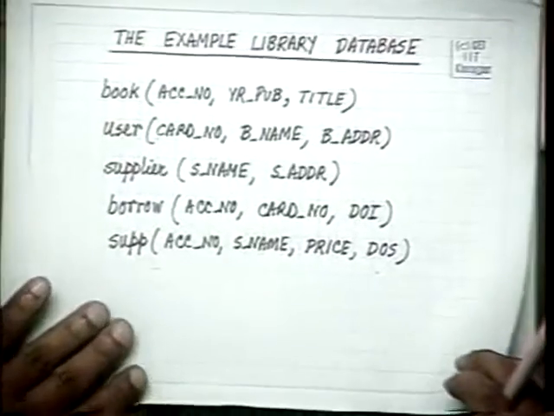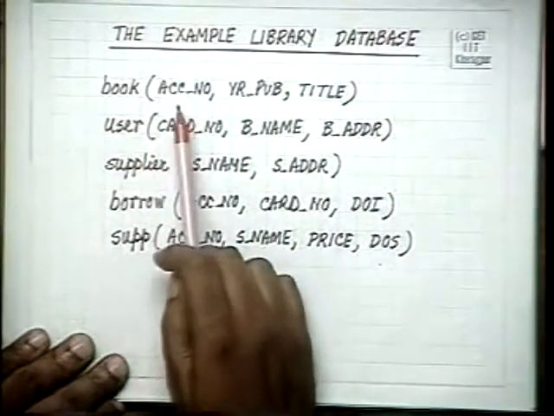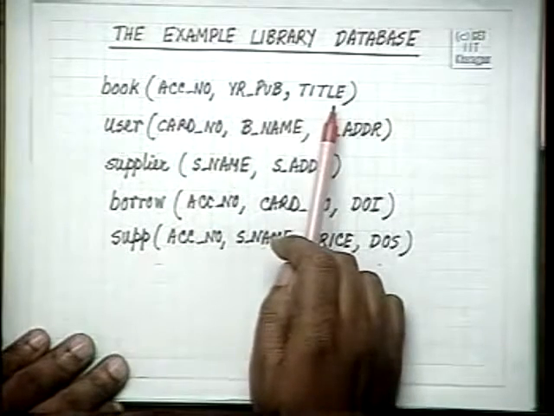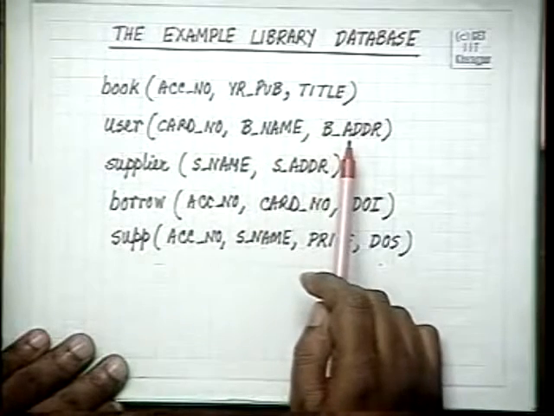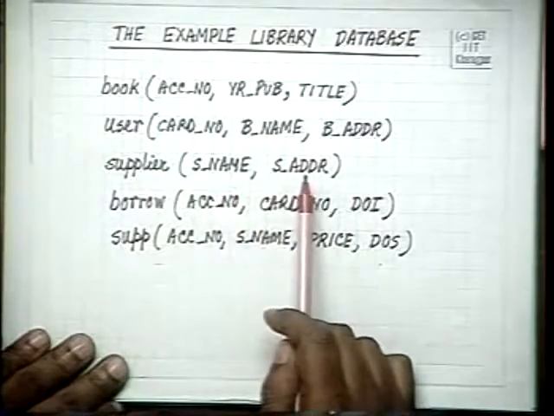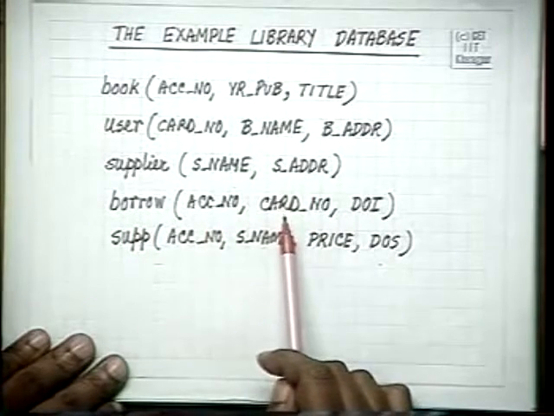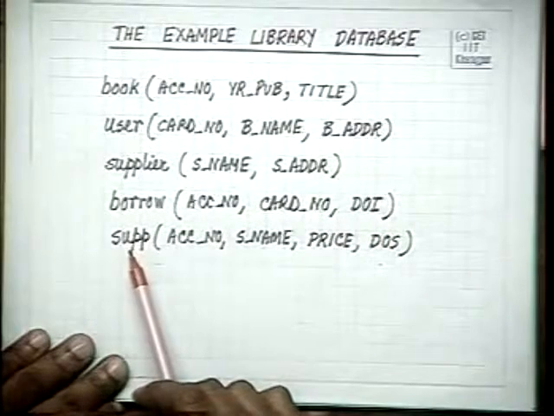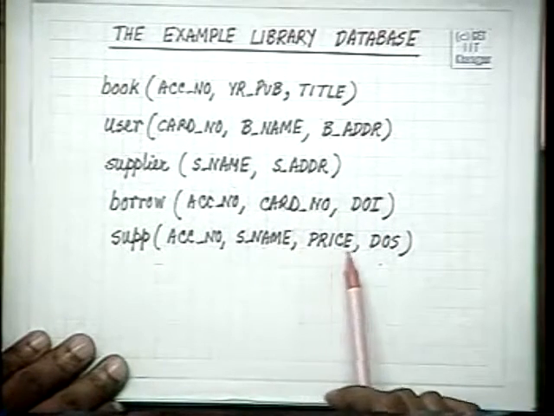Now, before we proceed, let us remind ourselves of the example database which we were doing. The book with accession number, year of publication and title, the user with card number, borrower's name and borrower's address, the supplier with supplier's name and supplier's address, the borrow relation with accession number, card number, date of issue, and the sub relation with accession number, supplier's name, price and date of supply.